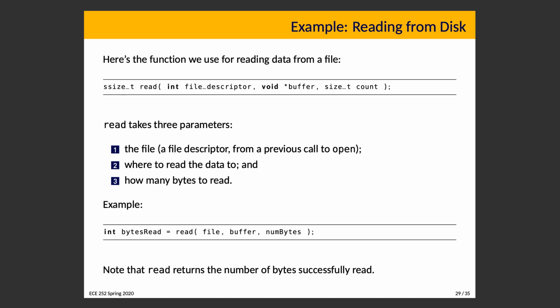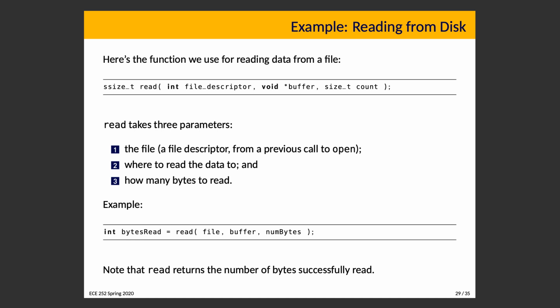And then we have a number of parameters, and read takes 3 parameters. The first one is a file descriptor. That is, what file are we talking about? A file descriptor is a return value from a previous call to the open system call. We have a buffer, that is a destination where the data is going to be read to. And then we have a count, and count is how many bytes of data we should actually read at the most.